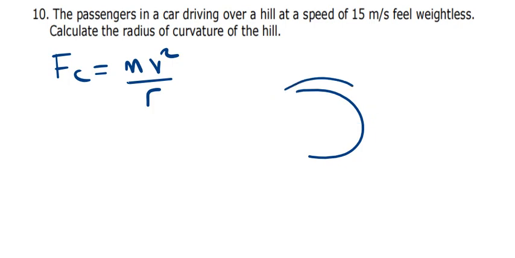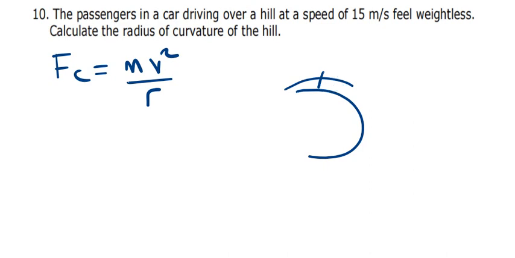Basically, as this car is moving, what will be pulling it towards the center? It is the centripetal force. And the centripetal force is going to be provided by the weight of this object. So the weight is the one that is going to be providing the centripetal force, because they haven't given us a centripetal force.